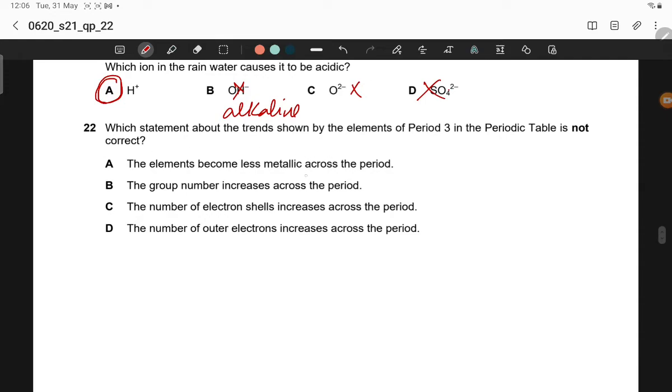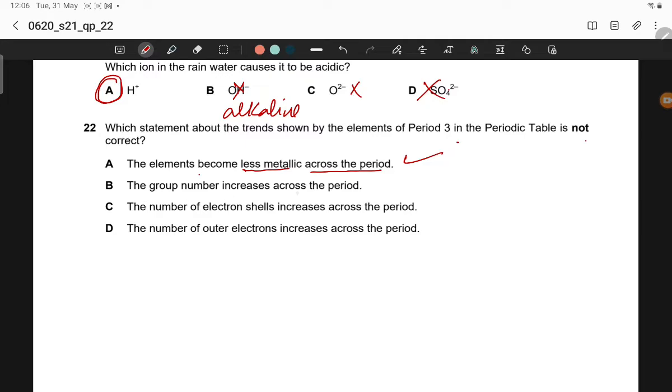Which statement about the trends shown by the elements of period 3 in the periodic table is not correct? The elements become less metallic across the period. No, elements become less metallic across period 3, this is correct.